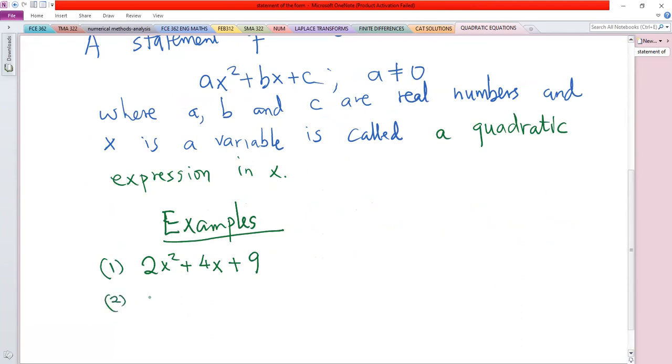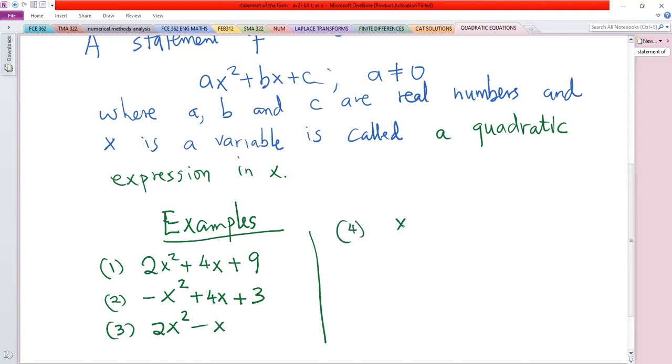Example 2 can have minus x cubed minus x squared plus 4x plus 3. Example 3, 2x squared minus x. Example 4, x squared plus 5. Number 5, ax squared plus kx plus 3.